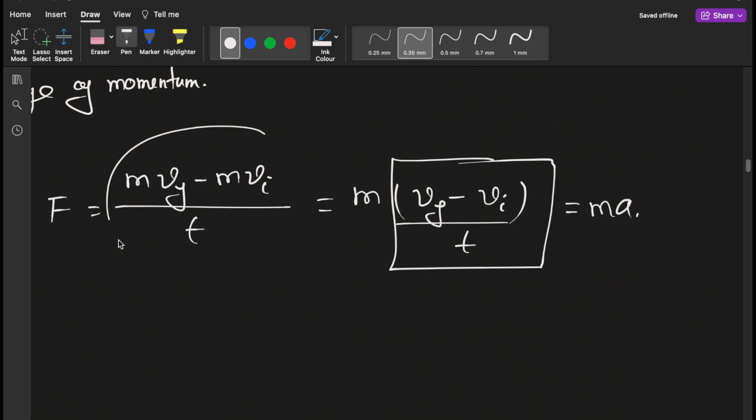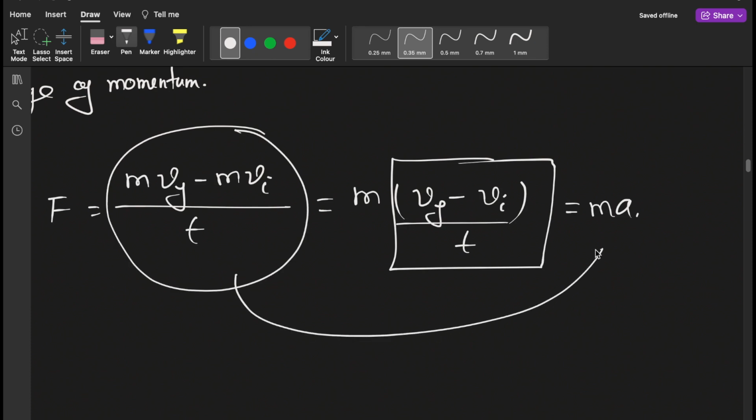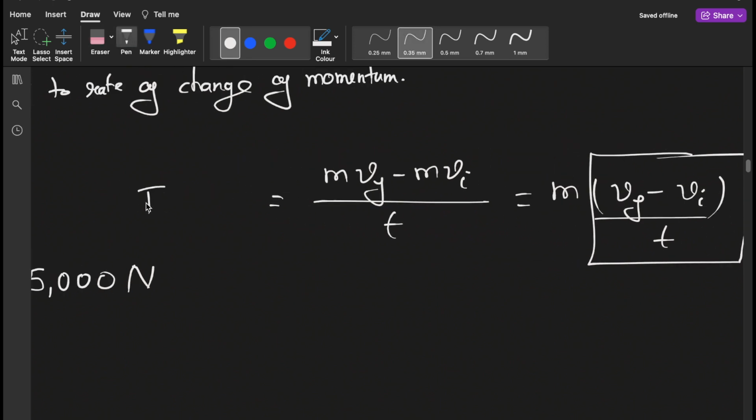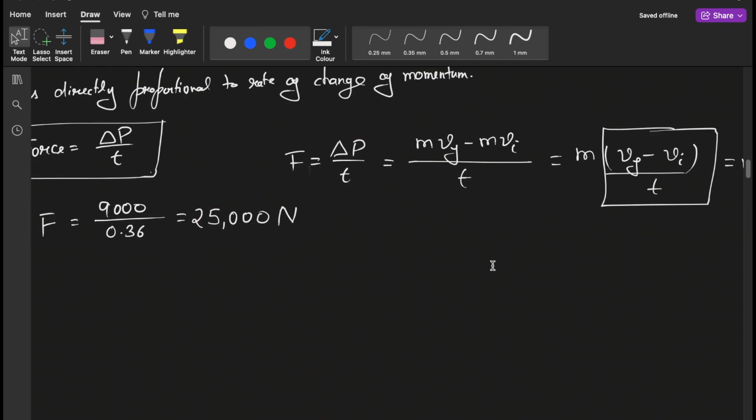From the rate of the change of momentum only we start the story, and then we come to that point. So you can write like this: force is equal to the rate of change in momentum. Initially this is the statement set by Newton. So note it down. Note down that stuff.